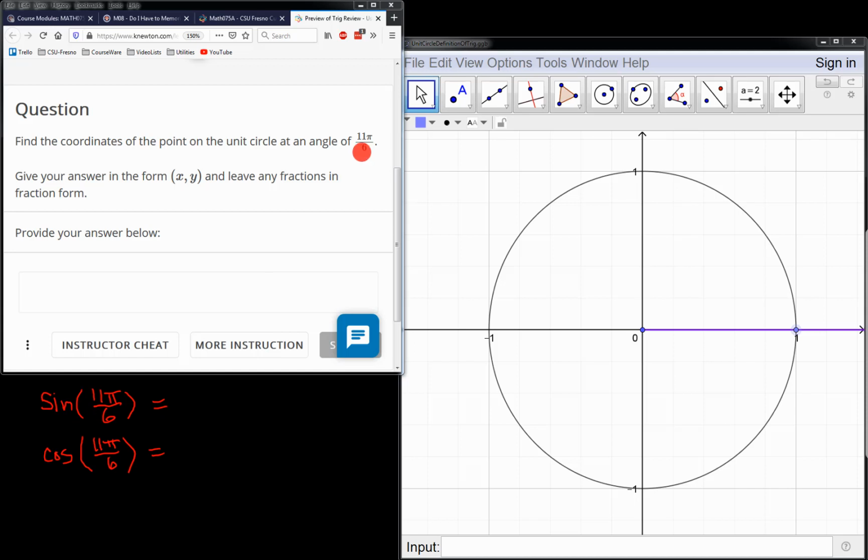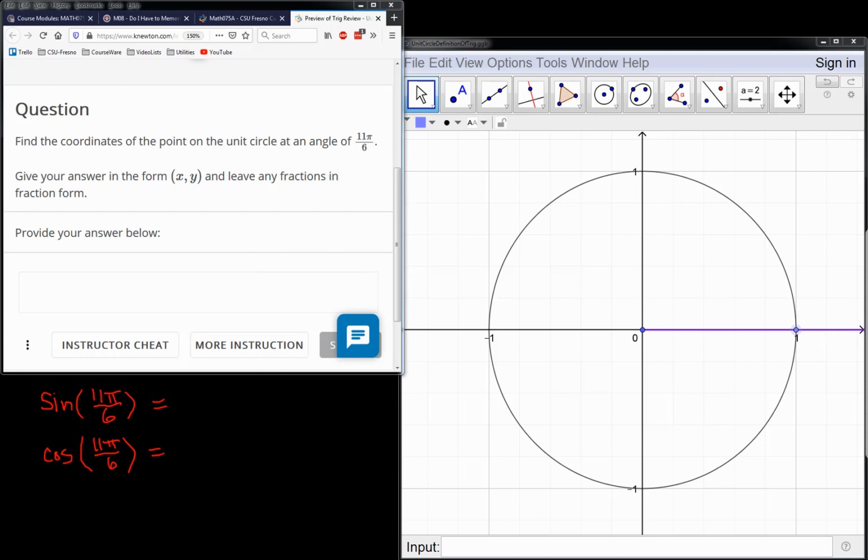Because that's how you define sine and cosine, right? You draw your angle and you see what the x and y coordinates are where it crosses the unit circle. So the sine is the y coordinate and the cosine is the x coordinate. So this is just a weird way of asking what the sine and cosine of 11 pi over 6 are.